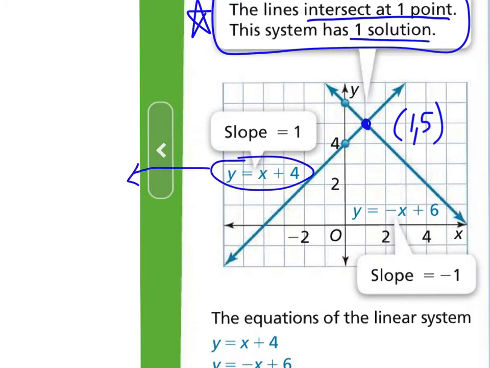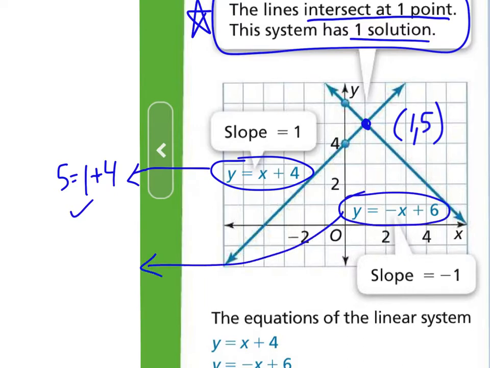If we put a 1 in place of the x and a 5 in place of the y, that equation should work. So 5 equals 1 plus 4. That works. Same thing with our other equation. If we put a 1 in for x and we put a 5 in for y, 5 equals negative 1 plus 6. That works as well.